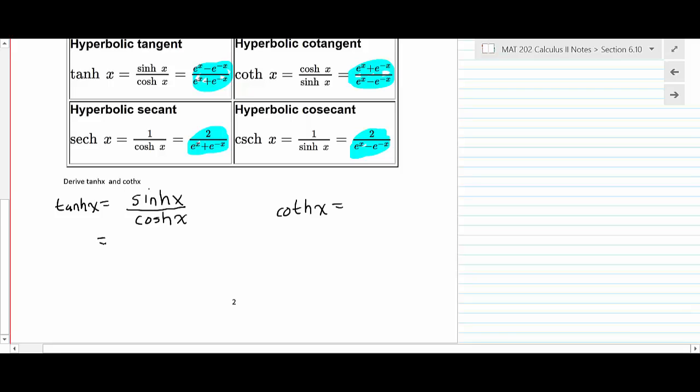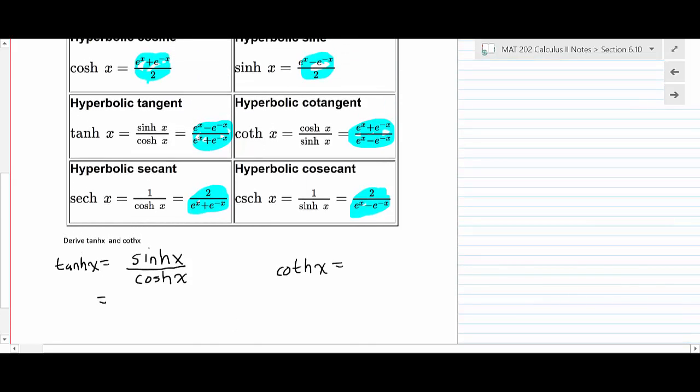If you look at your definitions, the sinh is e to the x minus e to the negative x over 2. The cosh is e to the x plus e to the negative x over 2.